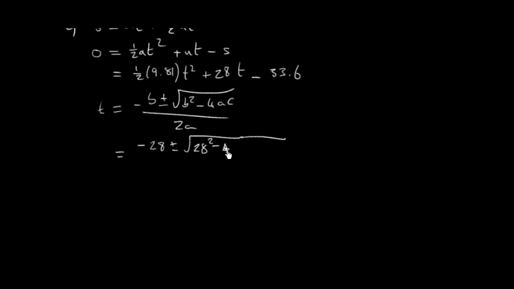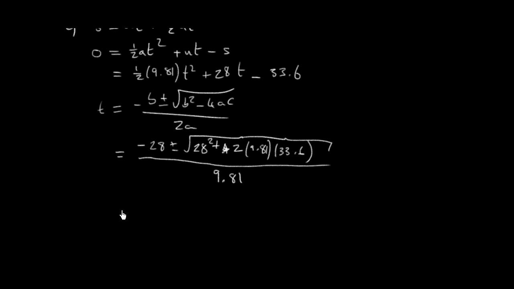So I'm just going to write 2 because the half times 4 is 2, and then 9.81 times c, and c is minus 33.6, so this turns into a plus, and we have here 33.6, and everything divided by 2a. A is half of 9.81, meaning that 2a is going to be 9.81 without the half.